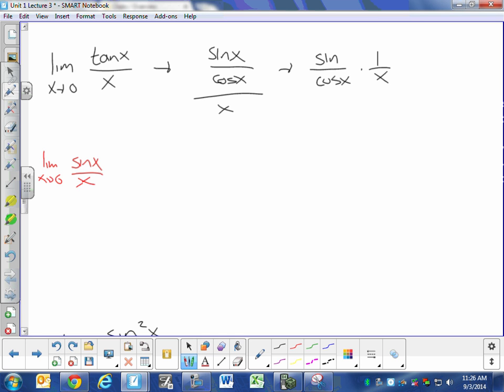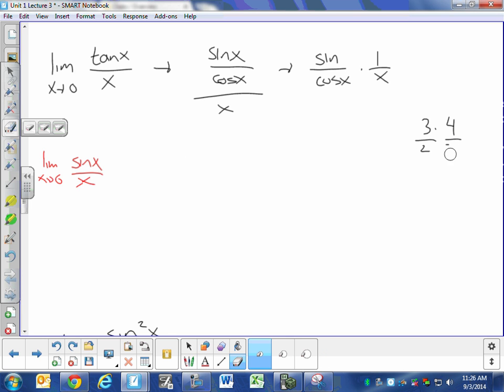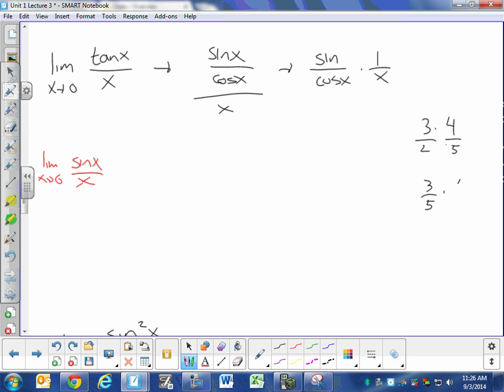Now, just like the last thing, if I have something like 3 halves times 4 thirds, let's say 4 fifths, I can move around any of these numbers, and I'd still have the same thing. I can make this 3 fifths times 4 halves. I would still get 12 tenths.